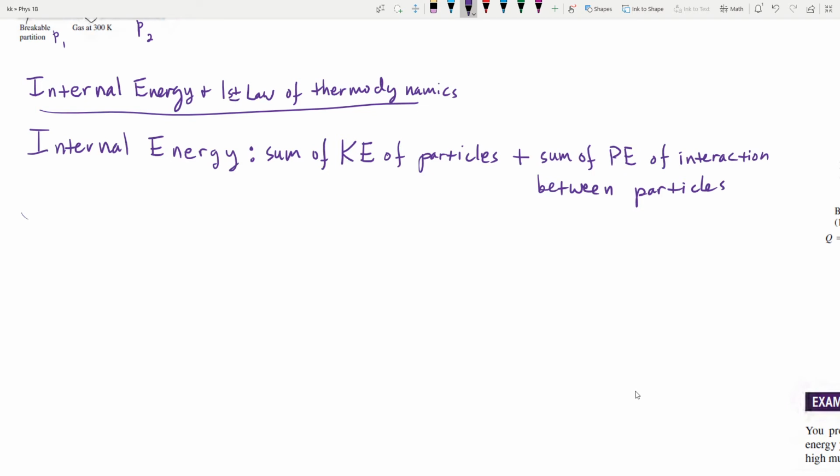The sum of the kinetic energy of the particles plus the sum of the potential energy of the interaction between the particles.